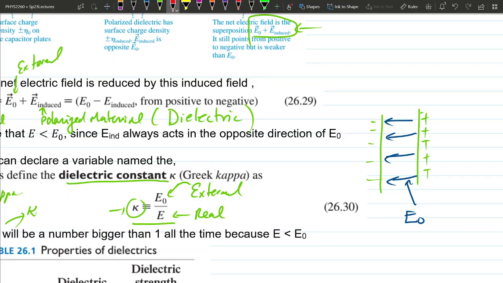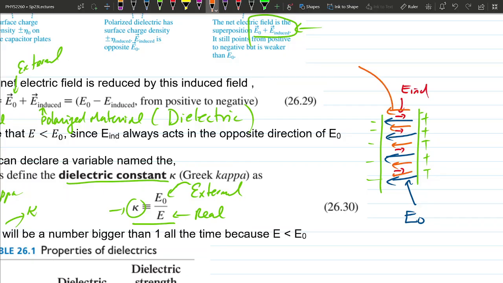But if you put a dielectric in here, there's going to be a little bit of offset. This is called the E induced. The actual real electric field, let's do that in orange, is still going to point to the left, but it's going to be smaller.